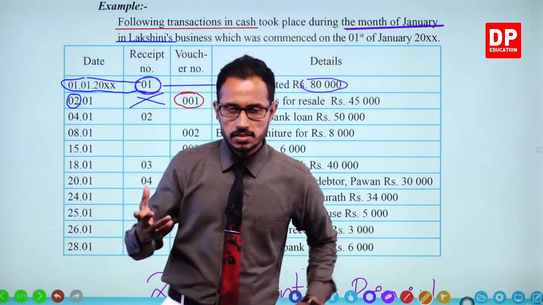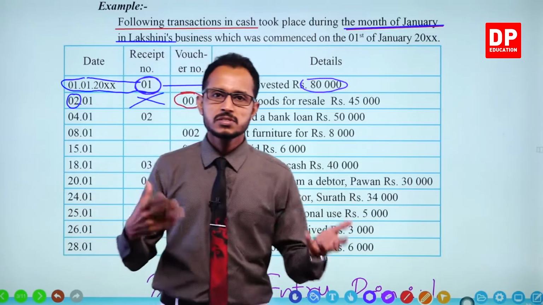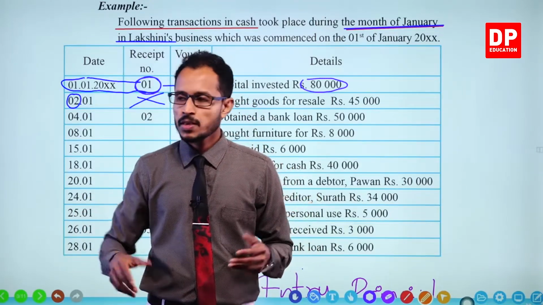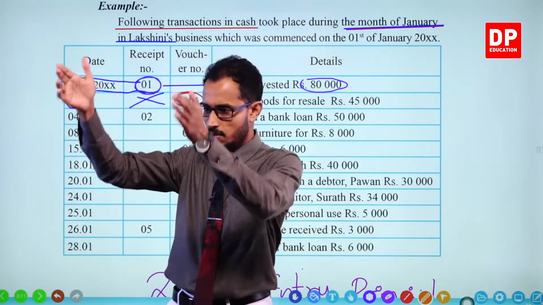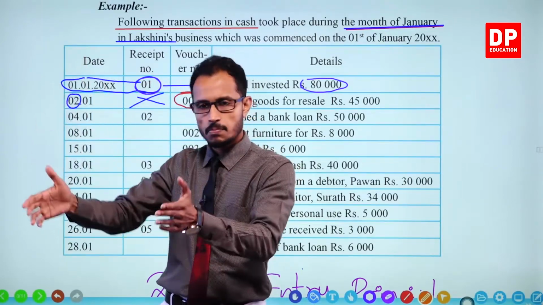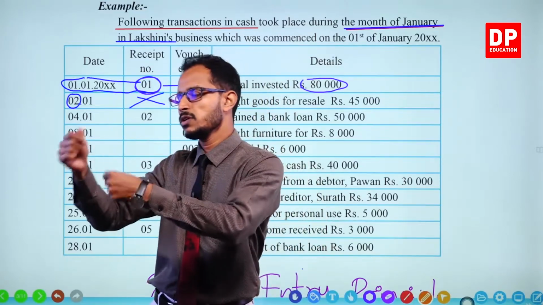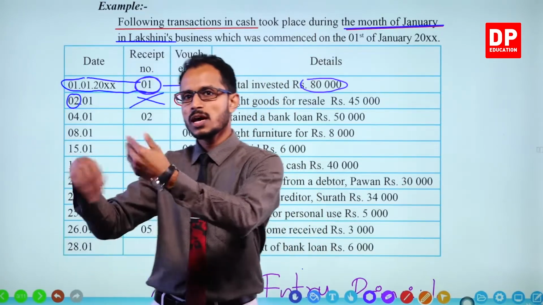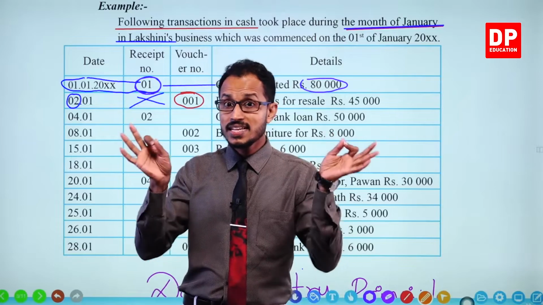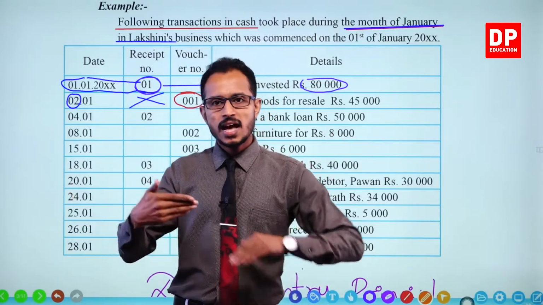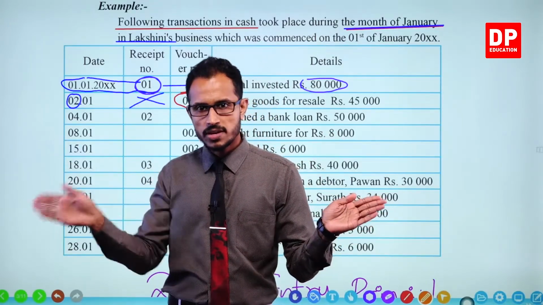It's something that any trading business does every day. They are buying goods from the suppliers. They buy goods, and for that we have to pay money. Cash goes out. Let's take the in and out approach.